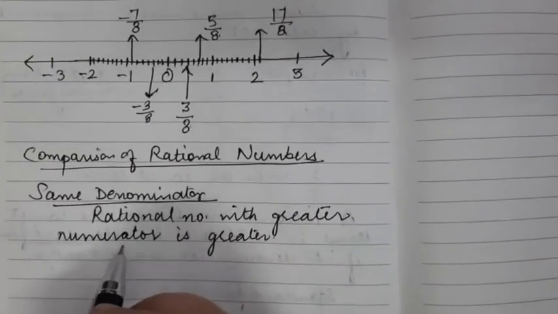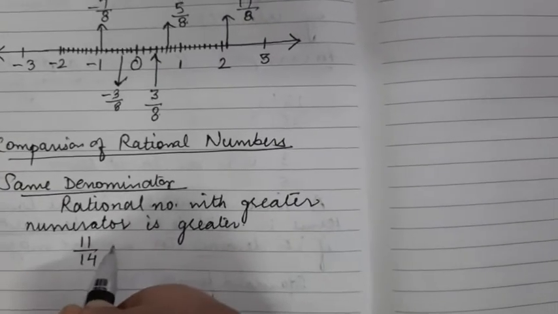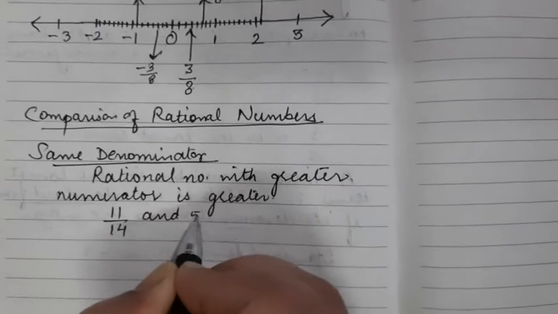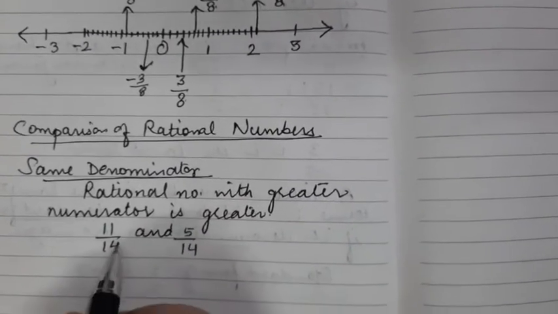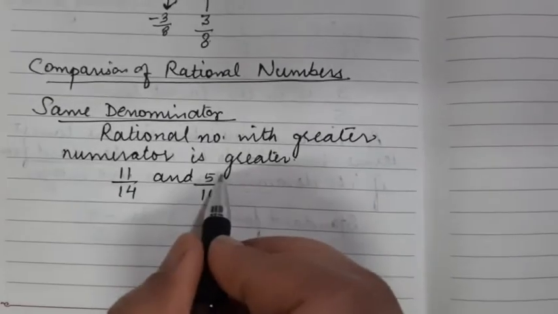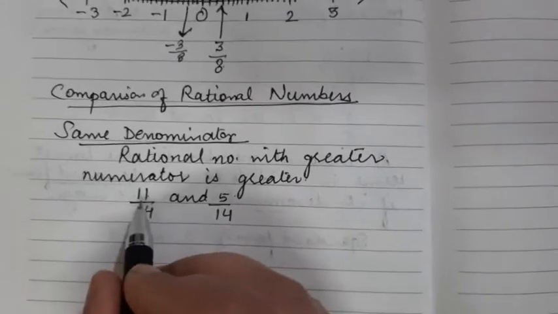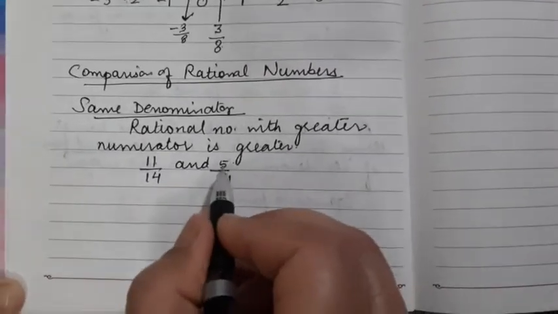denominator 14, and 11 by 14 is one number, and the other is 5 by 14. In these numbers, denominator is same, 14, numerators are 11 and 5. So which digit is bigger? 11 is bigger than 5.